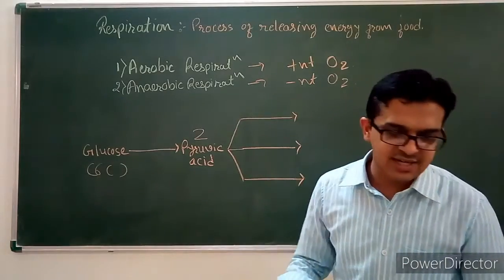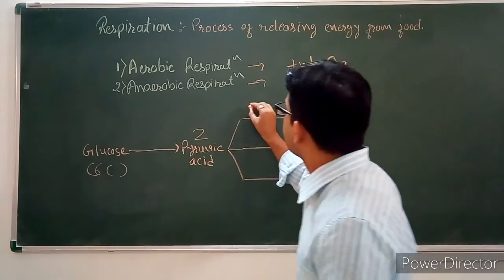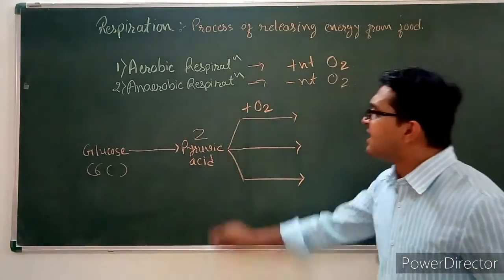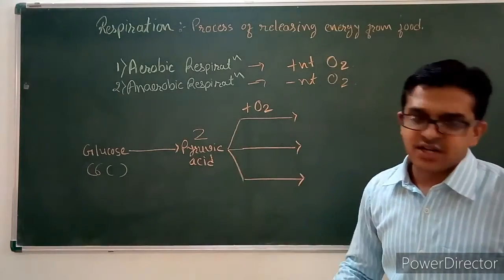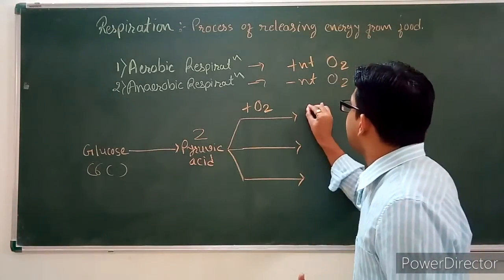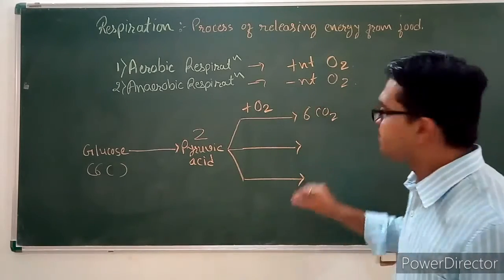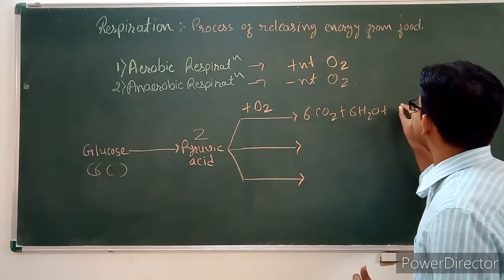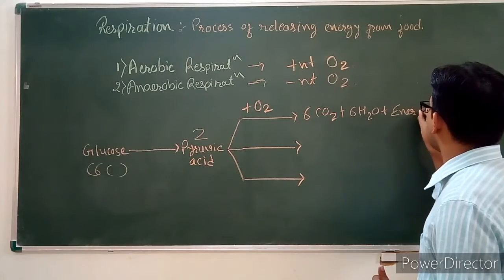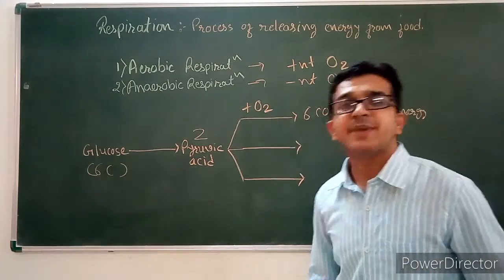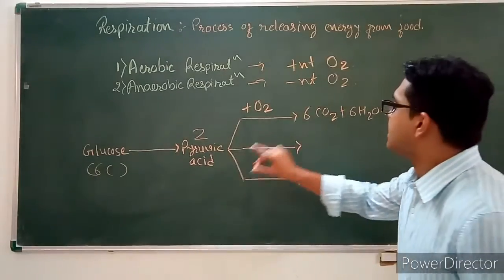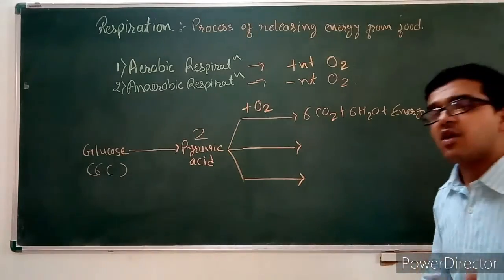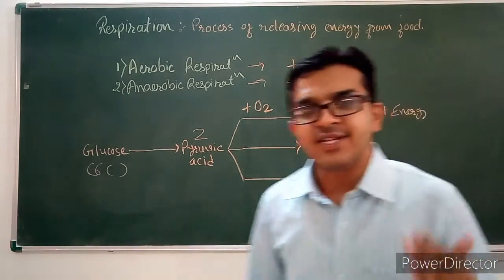If oxygen is present, then the pyruvic acid is converted into 6 molecules of CO2, 6 molecules of H2O, and it also releases some amount of energy.